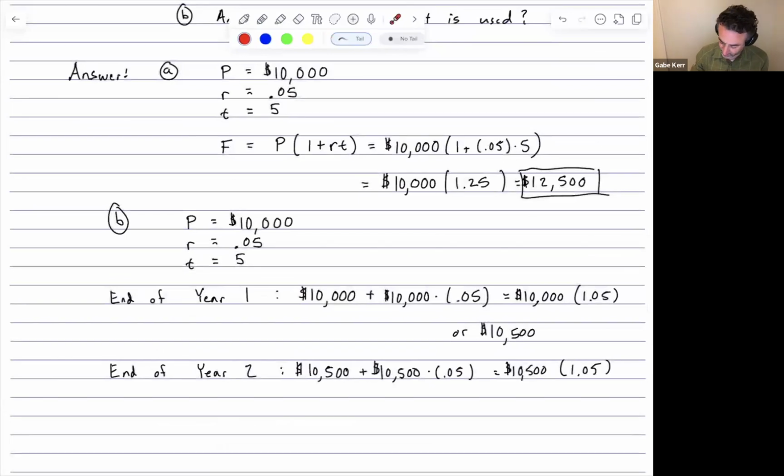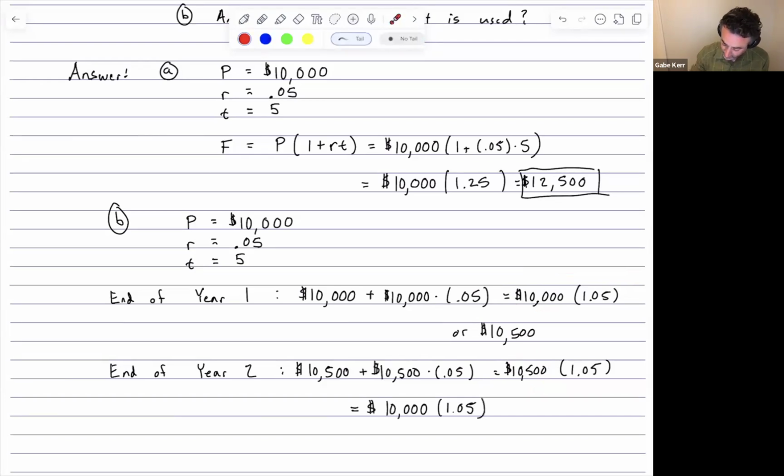Now, here's where we're going to make an observation. This number here, 10,500, was calculated up here as 10,000 times 1.05.